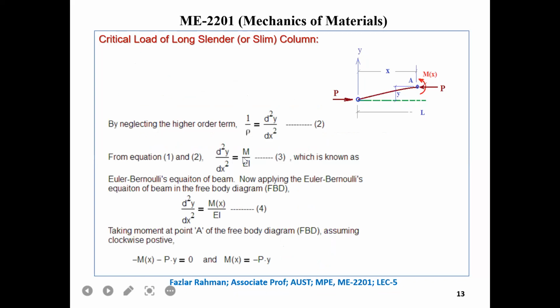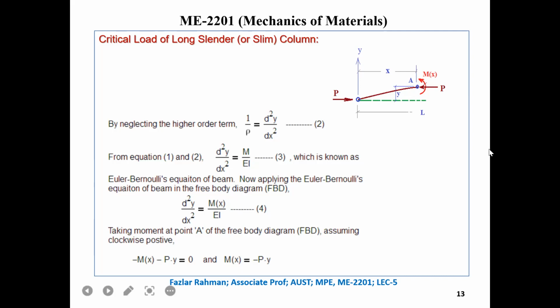Now we figure out the value of Mx. Instead of M, I am putting Mx. Why Mx? We are thinking that M is a function of x. Now, how we'll figure out this value of Mx, we need to figure out.